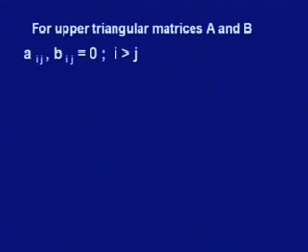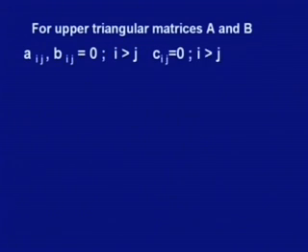Now, I will prove that the product matrix will also be an upper triangular matrix. That means the product element Cij will be 0 whenever i is greater than j and non-zero whenever i is less than or equal to j.